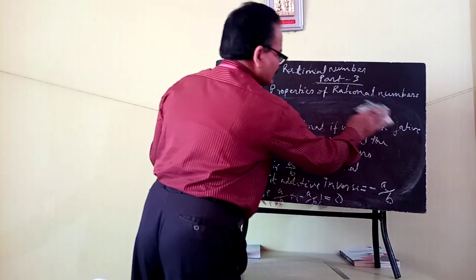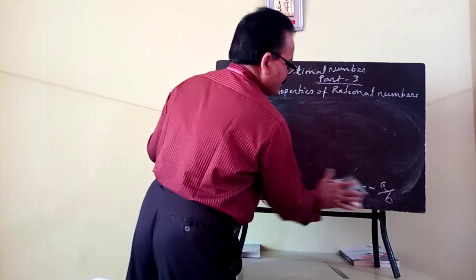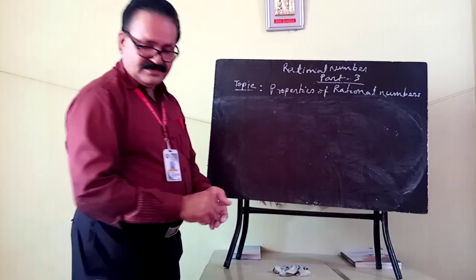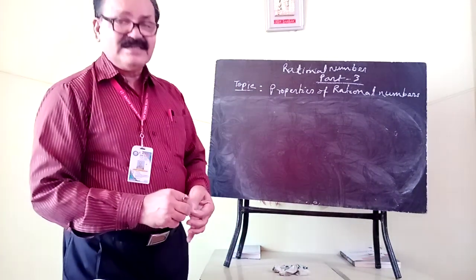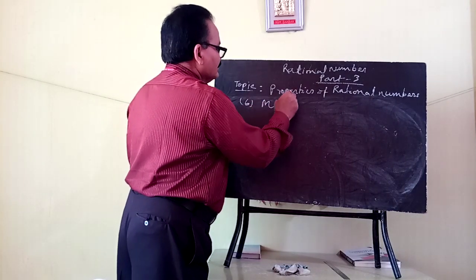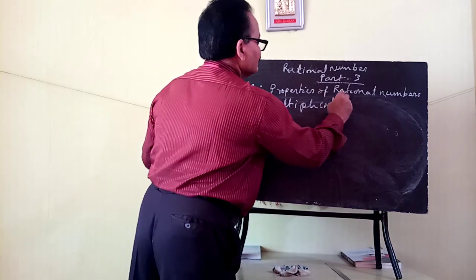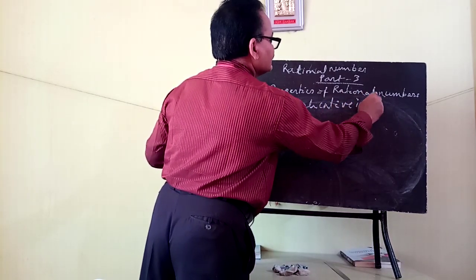Property 6 is the multiplicative inverse.